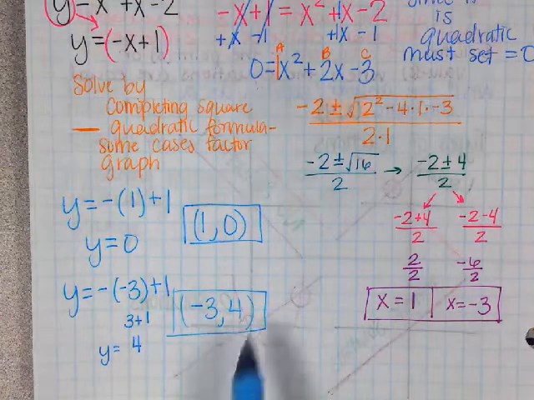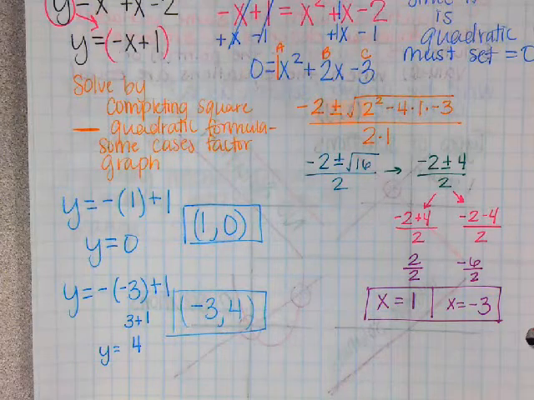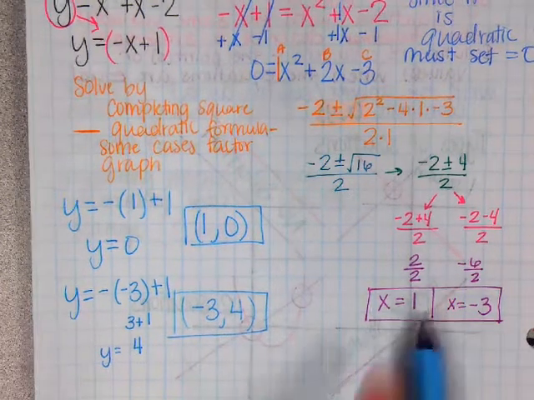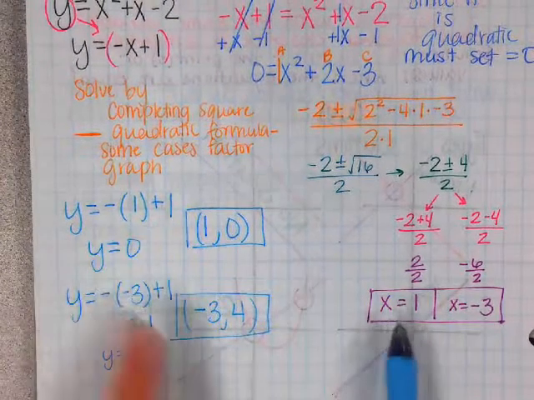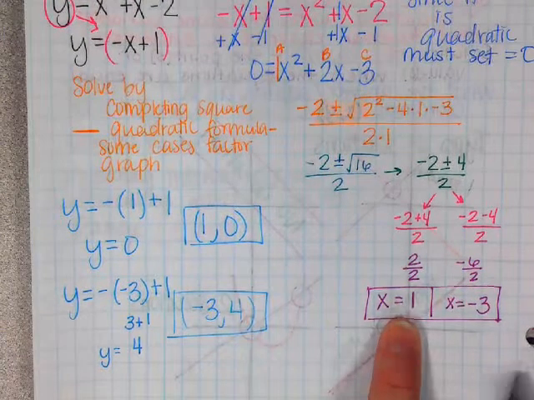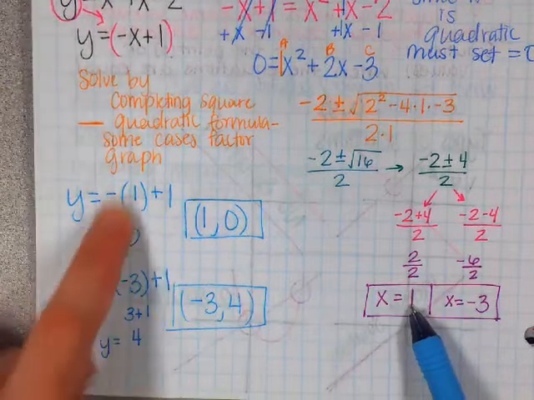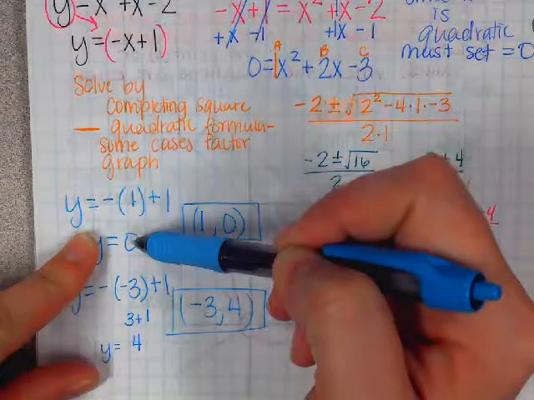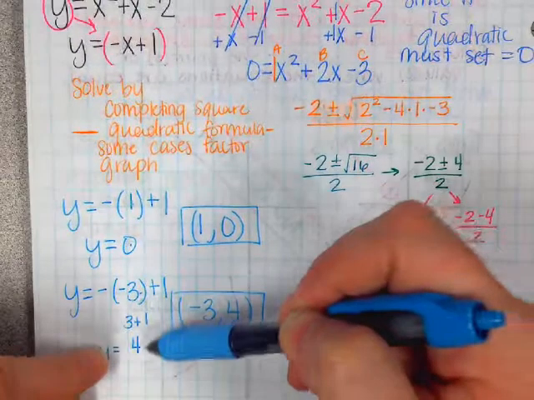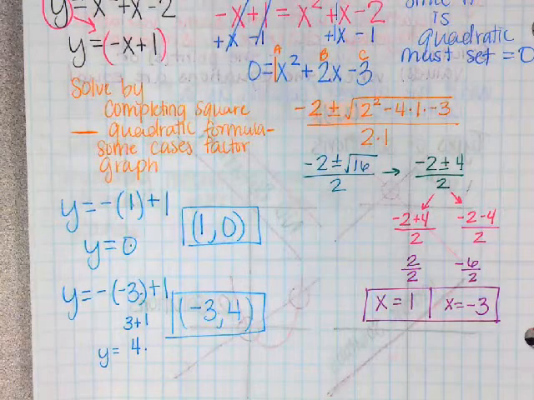Because it's a quadratic and it makes that parabola, there's always a possibility of two solutions. So you always have to plug it in to see what the other solution is. You have to use both x values and make sure to keep, and this is where people will mess up, the 1 with the 0, and the negative 3 with the 4.